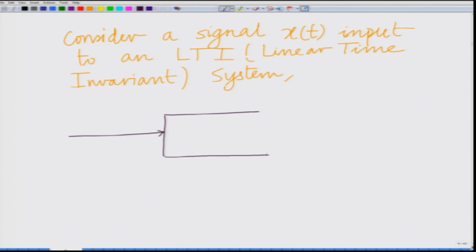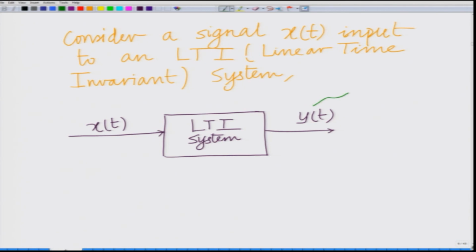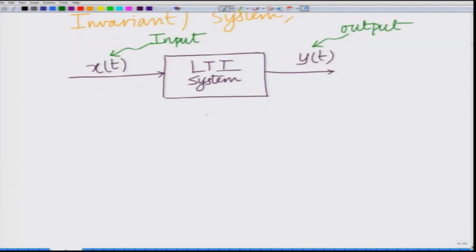So, let us consider a signal x(t) that is given as input to a linear time invariant system. So, we have our LTI system, x(t), and let the corresponding output be y(t). So, y(t) is the output of the LTI system, x(t) is the input, and any LTI system is characterized by an impulse response h(t).